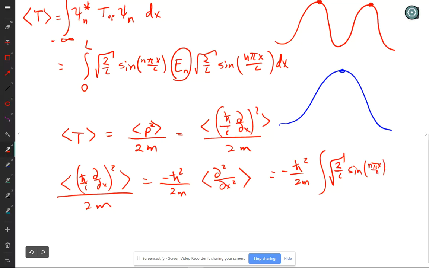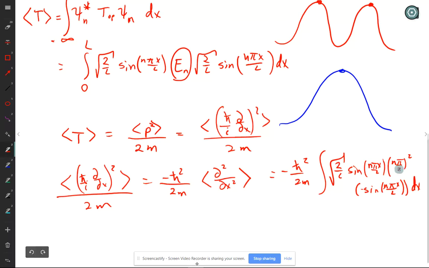Second derivative means I'm going to bring out the n pi over L twice. And it's going to change from a plus sign to a minus sign. So the n pi over L quantity squared is from taking the derivative.